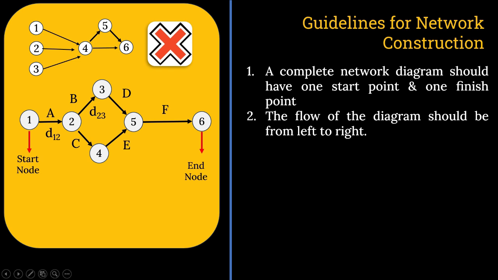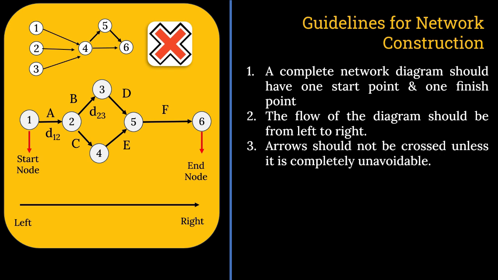The flow of the diagram should be from left to right. You can see that it is starting from here and ultimately coming to the right hand side, left to right. That should always be the convention for any network diagram or construction. Always left to right. One single start node, one single end node. There should not be multiple start nodes or multiple end nodes in any network construction.